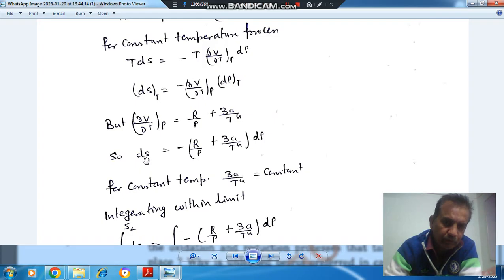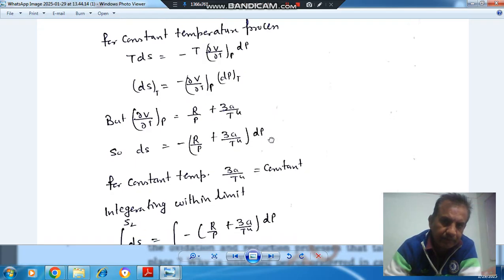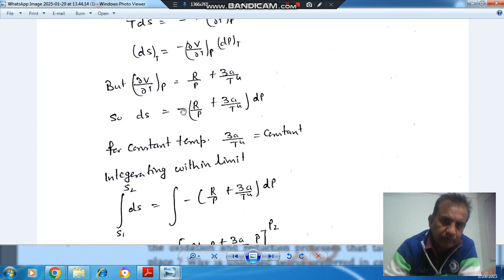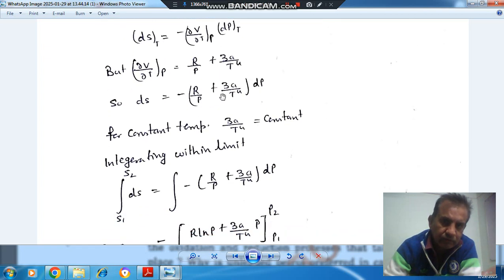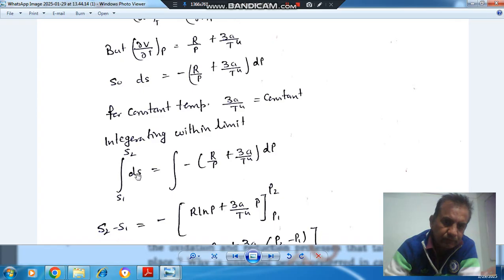So the change in entropy is dS equal to minus [R by P plus 3A by T4] dP. This is at constant temperature, so the term 3A by T4 will also be a constant quantity. Now we can integrate within limits of entropy S2 and S1.